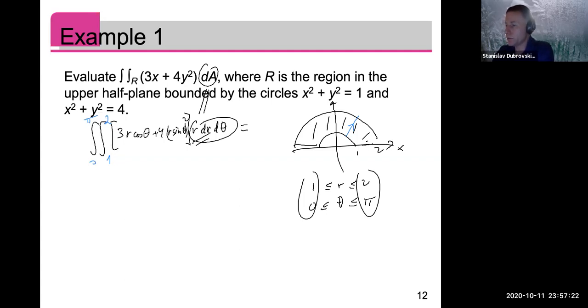Okay, so let's simplify. So first we can multiply by r throughout. So we'll have a double integral. We'll have 3r squared cosine theta plus 4r cubed sine squared theta, integrated with respect to r from 1 to 2, and then with respect to theta from 0 to pi.